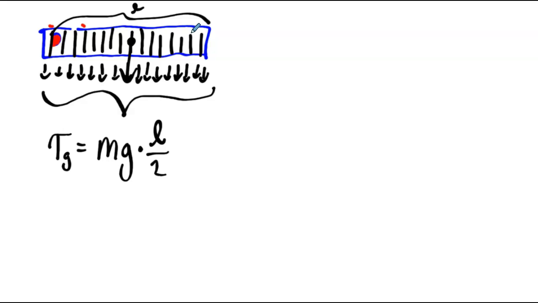If I have multiple masses, I could just calculate them separately. The force of gravity is going to act mg times L over 2, because we take the average location where gravity is applied, here at the middle of the object. Okay.